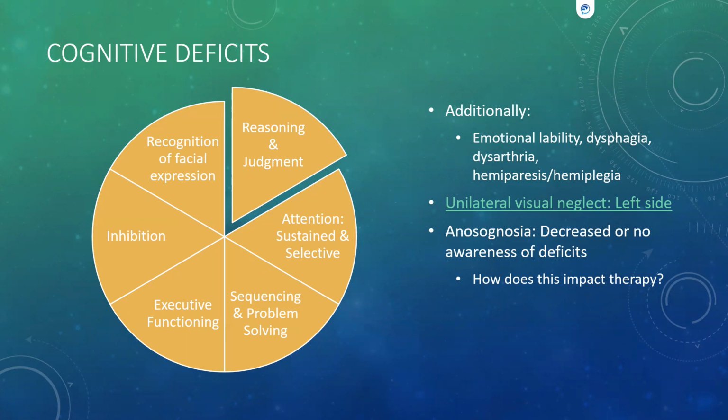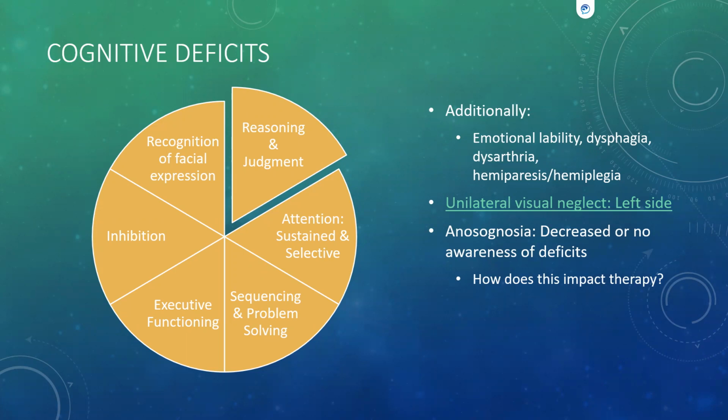Anosognosia is another thing that we will see in this population. That means a decreased or no awareness of deficits. So this person might not have any idea that there's anything wrong. As you think about that, I want you to think about how that might impact your therapy session. If someone has little to no awareness that a deficit exists, that could be pretty problematic for therapy, right?